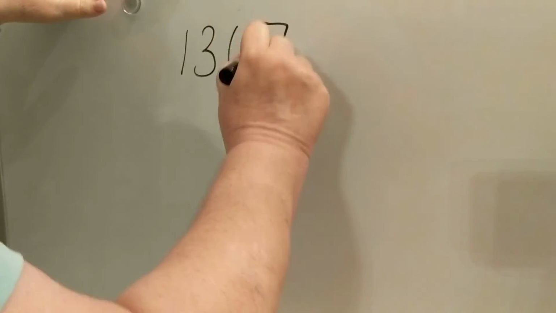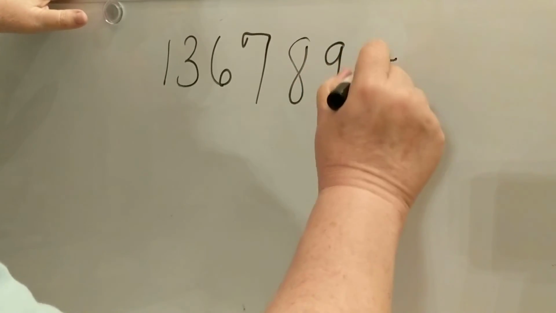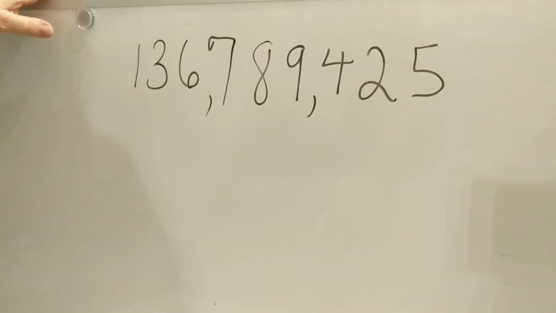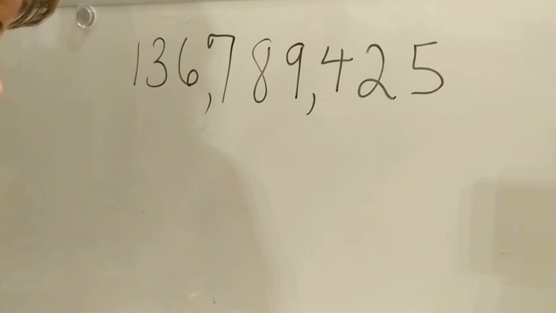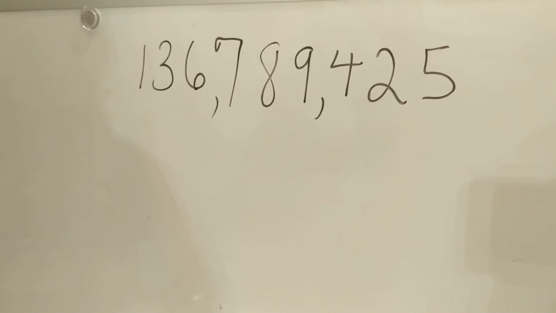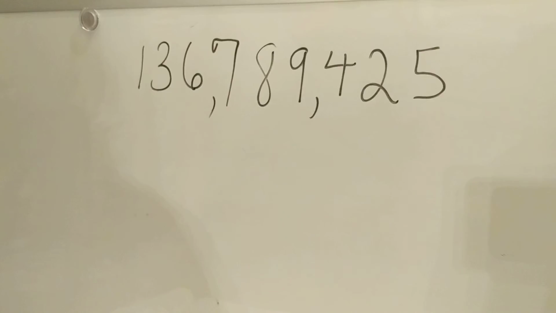The number is 136789425. And just as a reminder of place value, remember how we group those by 3? That's 136,789,425.